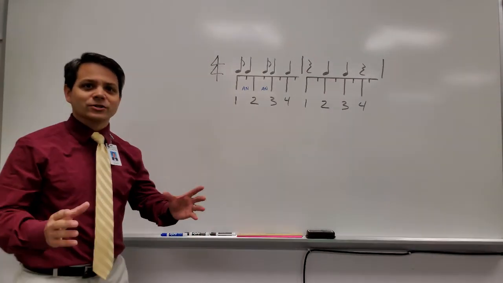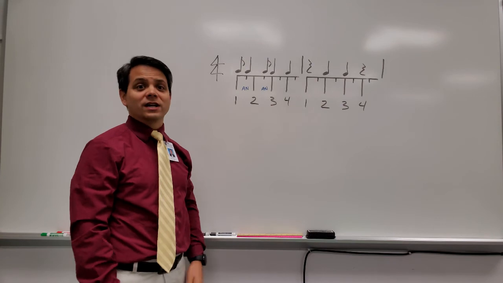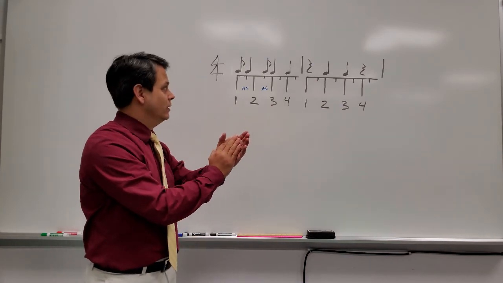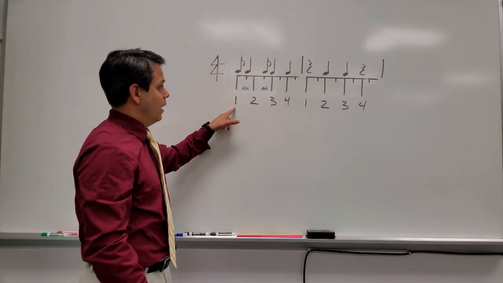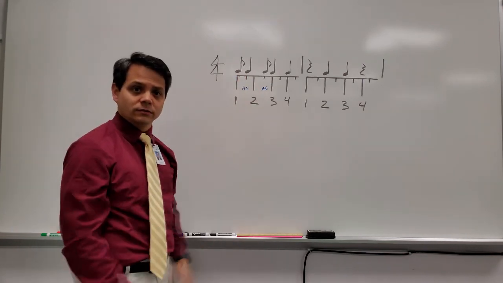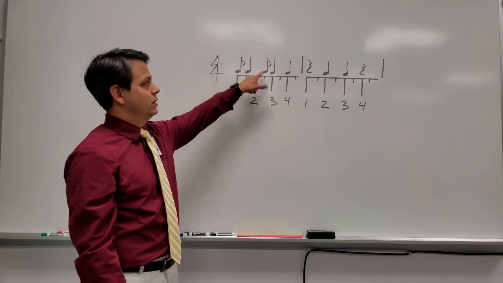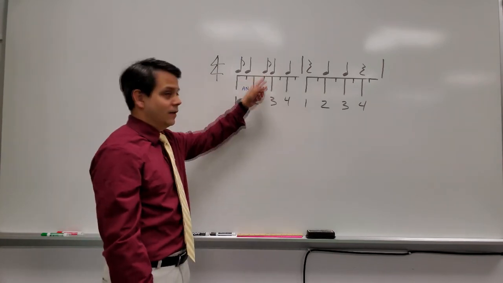Right? Here's the motions I want you to try. On beat 1, I want you to clap on that 8th note. On the and of 1, I want you to pat on that quarter note. On the and of beat 2, I want you to stomp on that 8th note.